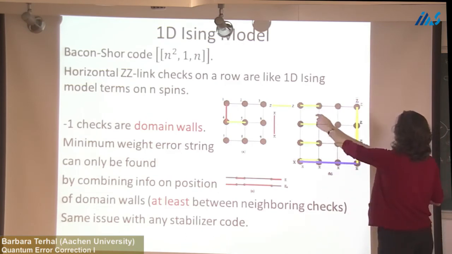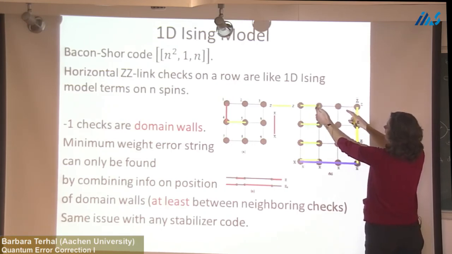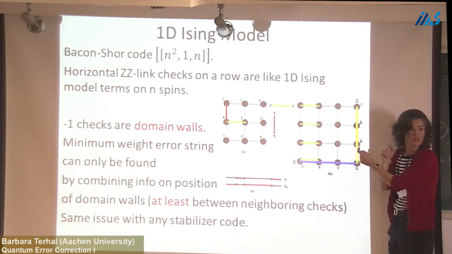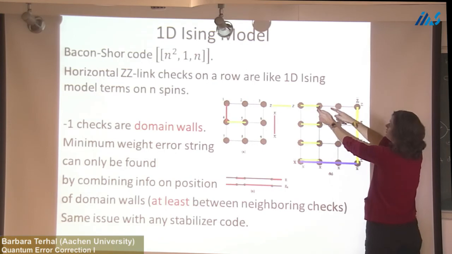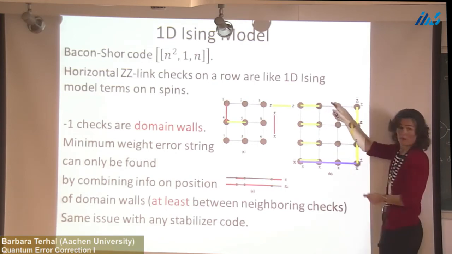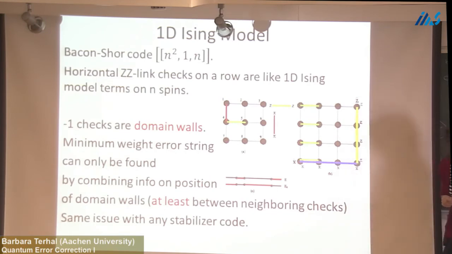For example, if I find a syndrome that's -1 here and there, I could say it could be caused by an error here and there. If an X error occurs here and there, it actually commutes with this check, so there's no -1 eigenvalue here. It's just at the end of the error strings.